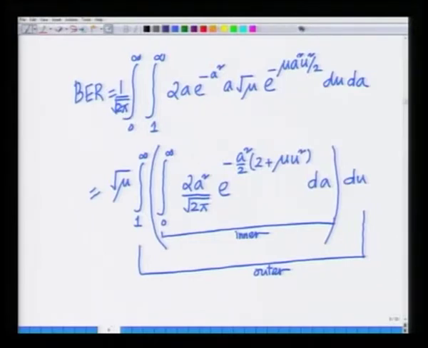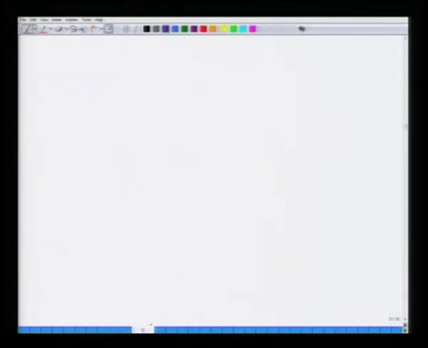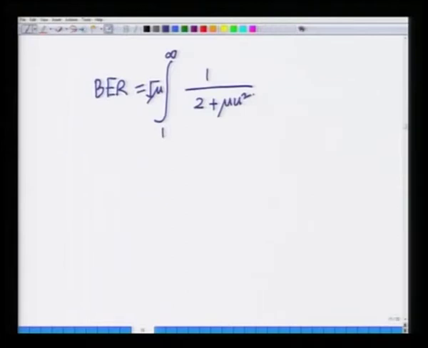Now, I will evaluate the outer integral, and this outer integral can now be written as bit error rate equals square root of mu times the integral from 1 to infinity of 1 over 2 plus mu u square to the power of 3 over 2, du.